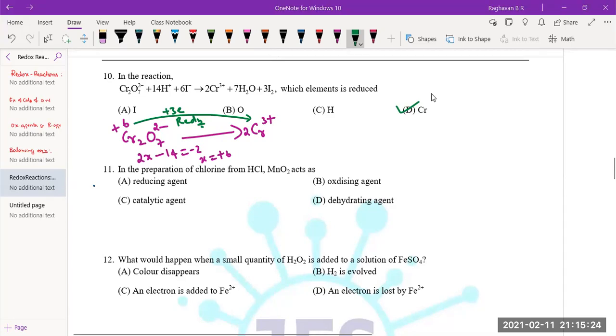Next. In the preparation of chlorine from HCl, MnO2 acts as a catalytic agent, oxidizing agent? Oxidizing. What does it actually do? It acts as an oxidizer. This is actually the Deacon process in the p-block.